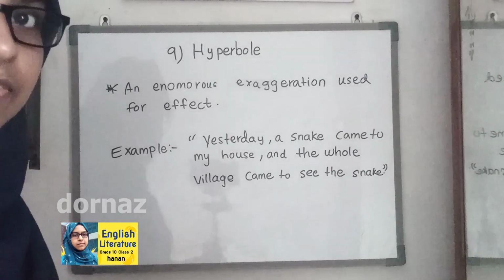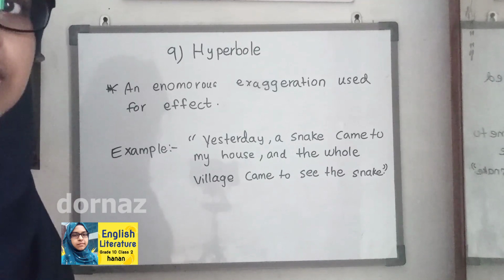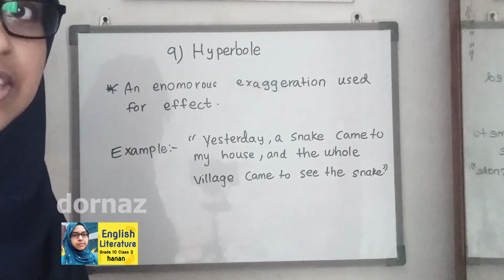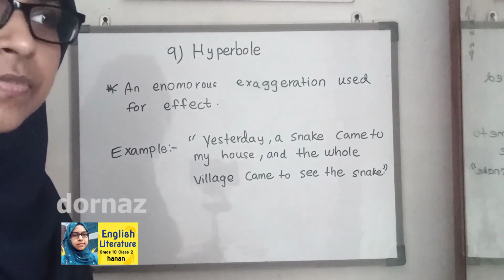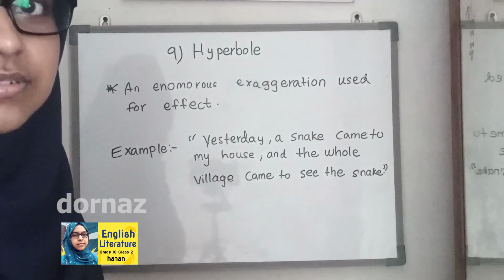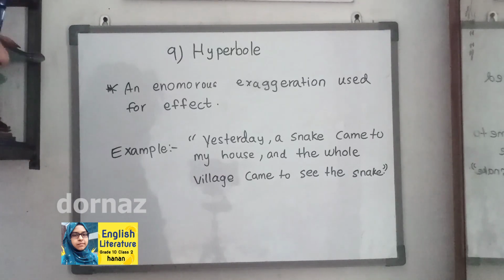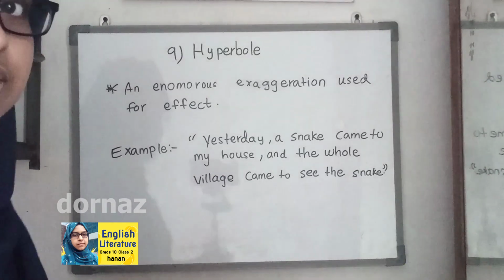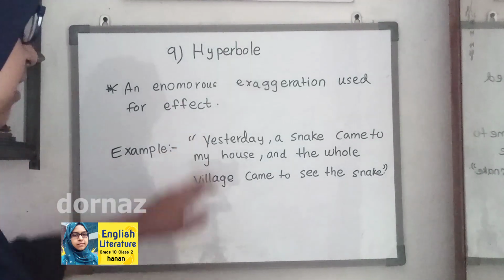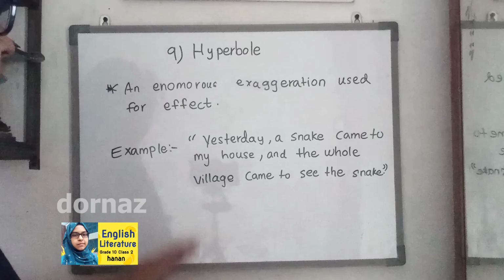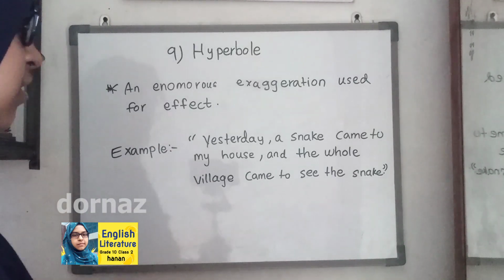When a snake comes to anyone's house, some people will come to see it, but there is no need for the whole village to come. This is a kind of exaggeration. Hyperbole.